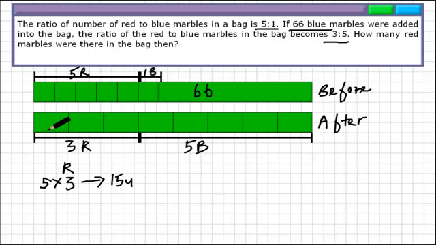Similarly, for the after model, we need to get 3 to be multiplied by 5 in order to get 15. If we times this portion here by 3, we also need to multiply this portion of the unit by 3.